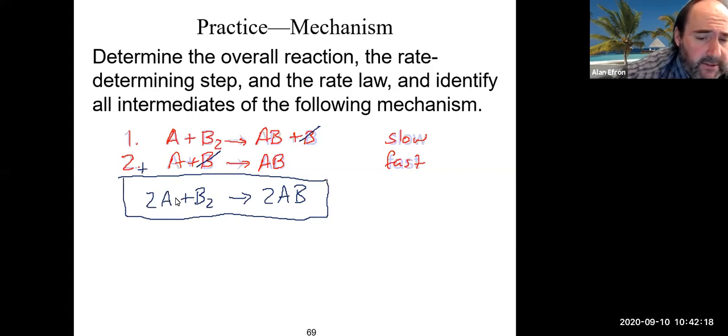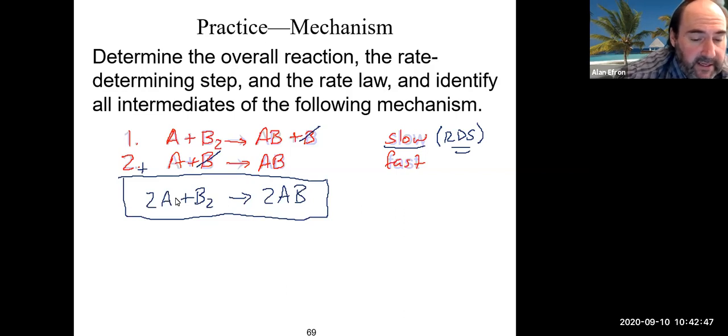In terms of the rate determining step, it would be the first step, because it was labeled the slow step. We also know that for a mechanism to be a good mechanism, the rate law for the slow step, the rate determining step, will have the same rate law as should be found experimentally.